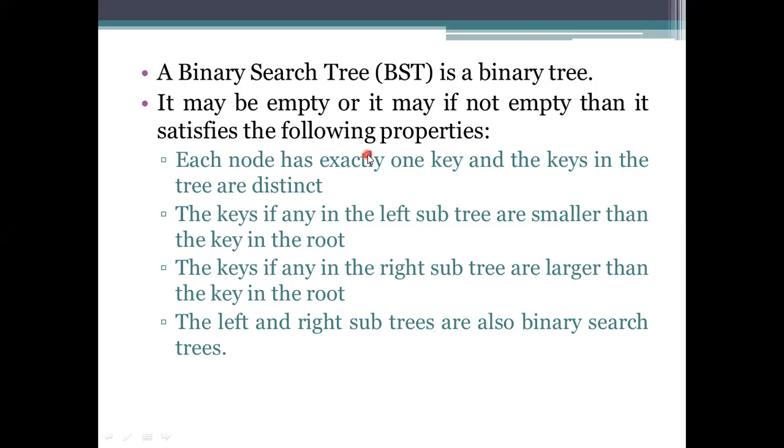Each and every node should have one key, and these keys should be unique, meaning distinct from the others. The elements in the left subtree should be less than the root, and the right subtree should be greater than the root. The left subtree and the right subtree should each also be a binary search tree.